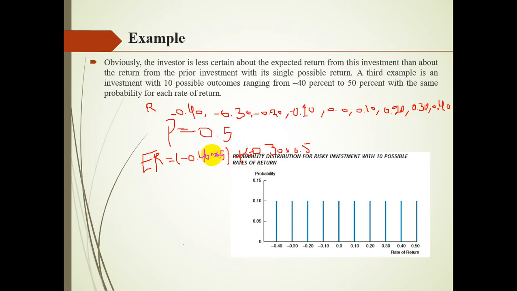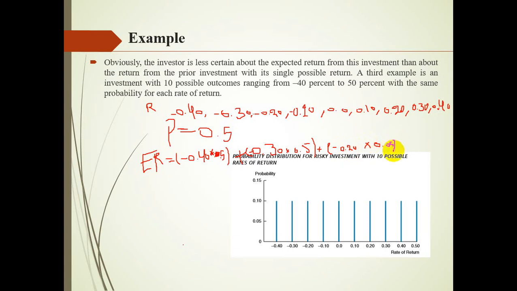Then the next one, plus bracket start minus 0.20 multiplied by 0.05.